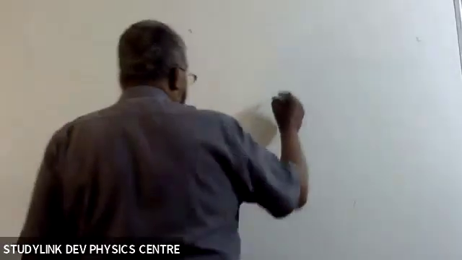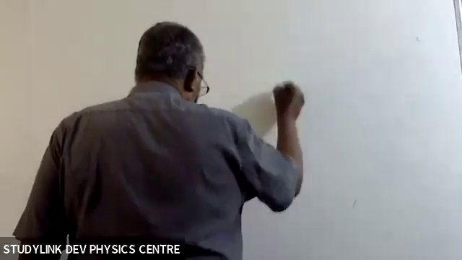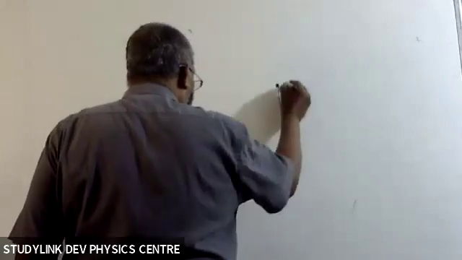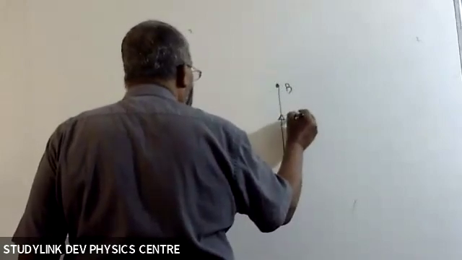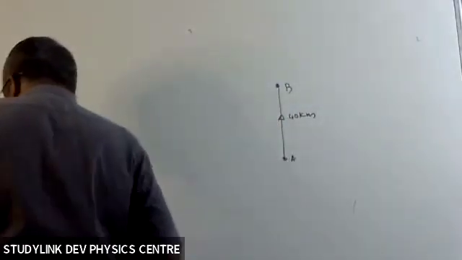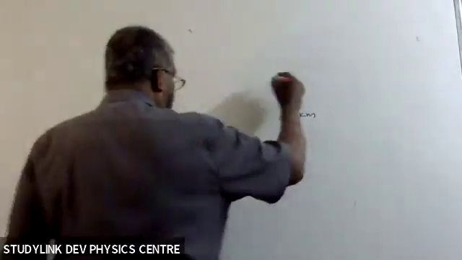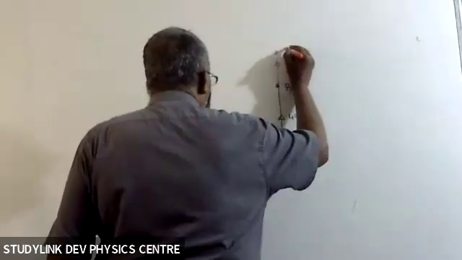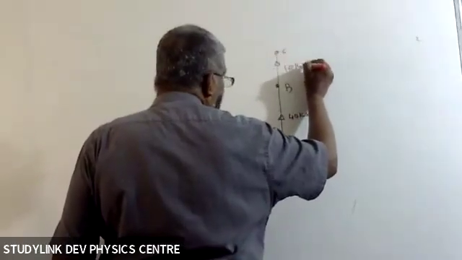Then again, another 10 kilometers towards north. What is the displacement? A to B towards this, 40 kilometers. Somebody stops there and then started. After that, towards the north, same up to C, 10 kilometers.